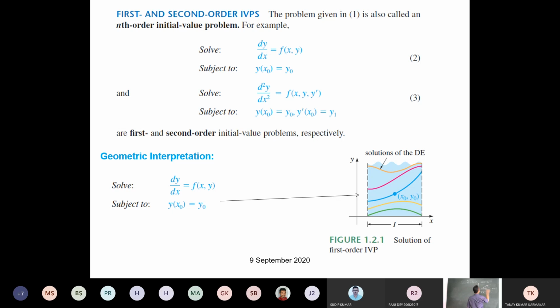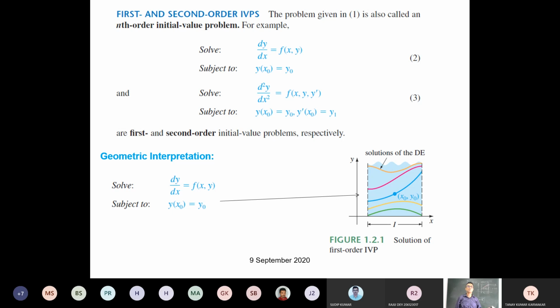I can simply take another interval here, say CD. If I use some shaded drawing here, then this shaded rectangle is going to represent the region R, called a rectangular region R.